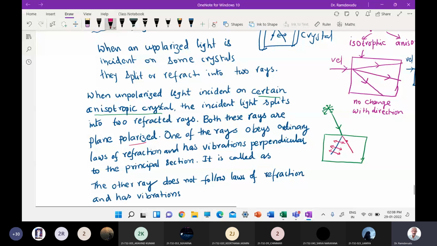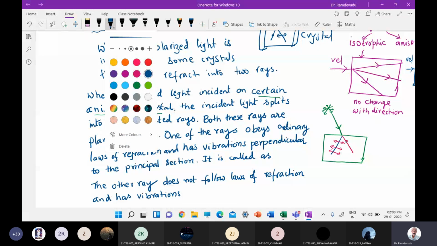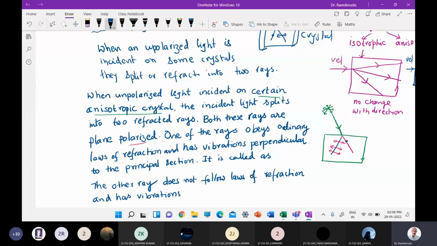Therefore we say that one of the refracted rays will have vibrations in the parallel direction, the other in the perpendicular direction. These are unpolarized light, and these are plane polarized lights within the crystal, because the crystal is a doubly refracting crystal, or anisotropic crystal.